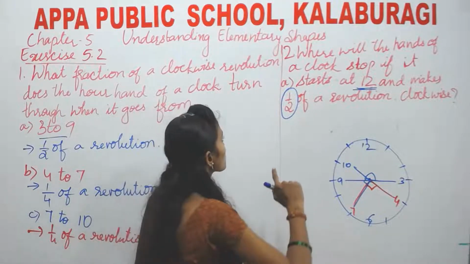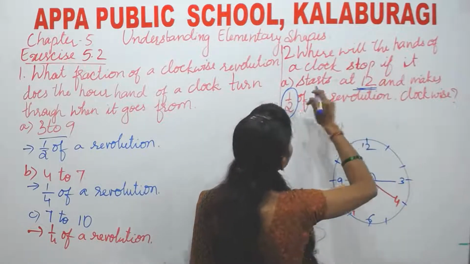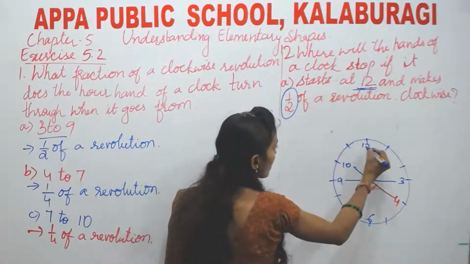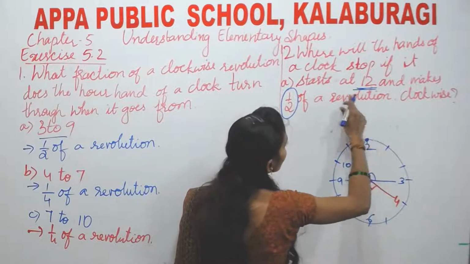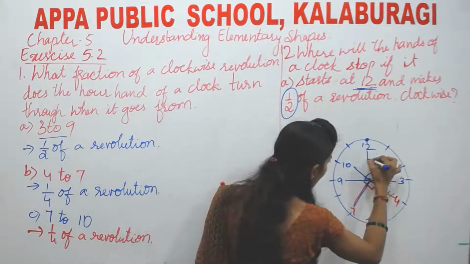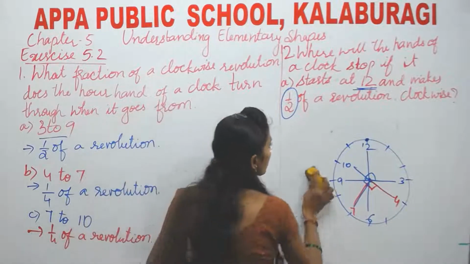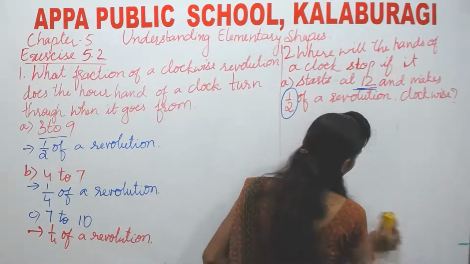Okay. So first, see, read it. Where will the hands of a clock stop if it starts at 12, okay? Starts at 12 and makes half of a revolution. Half of a revolution means like this, right? I'll draw it once again on this side. Okay, now we have to write a solution here.